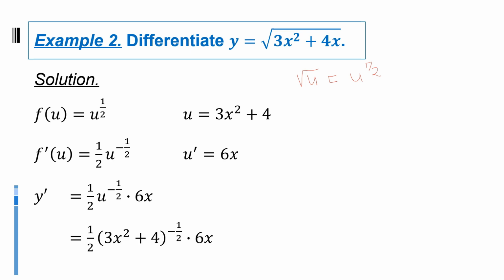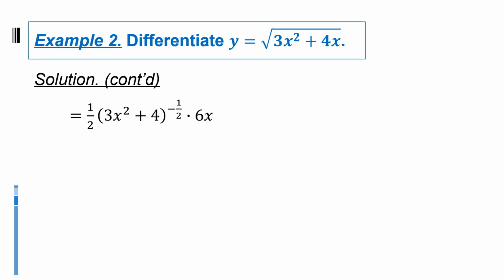Pag pinalitan natin yung u, we now have 1 half times 3x squared plus 4x raised to negative 1 half times 6x plus 4. So, since meron tayong negative dito, pupunta yan sa baba. So, we have 1 over 2 times 3x squared plus 4x raised to 1 half times 6x plus 4.